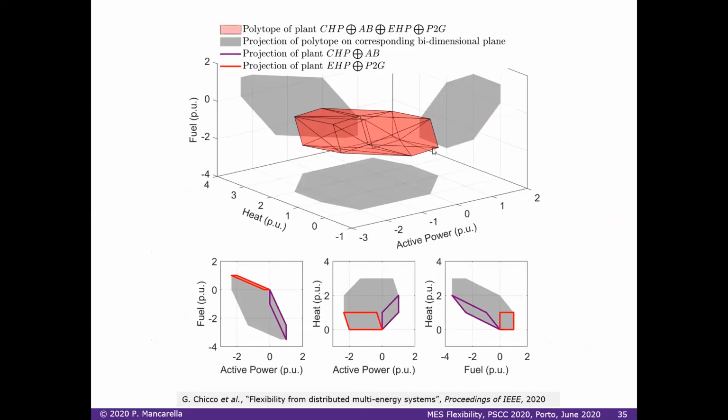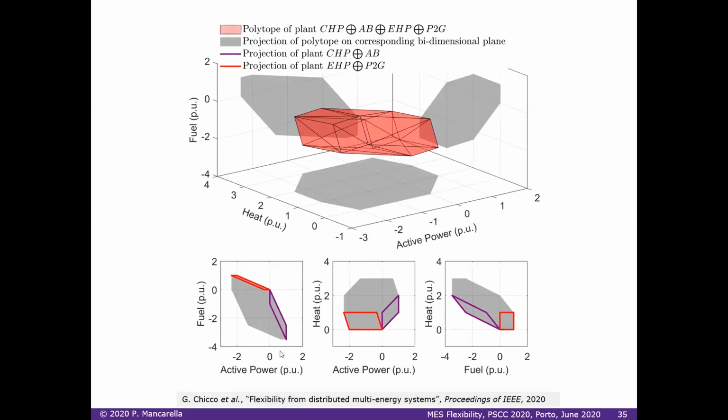You will have here all of these linear representations that, now that they are summed by Minkowski summation, correspond to this polytope that, when projected on the different planes, gives you the flexibility maps of different energy vectors in pairs.